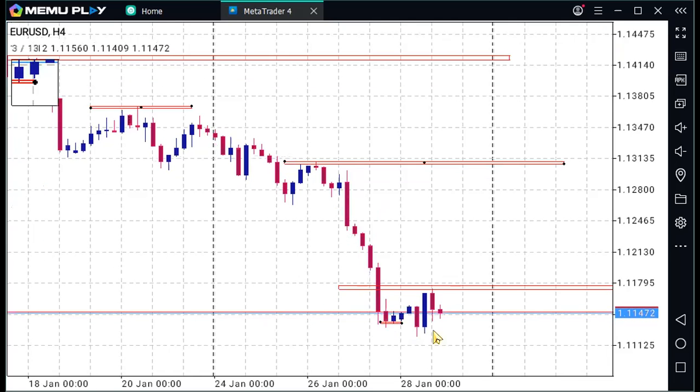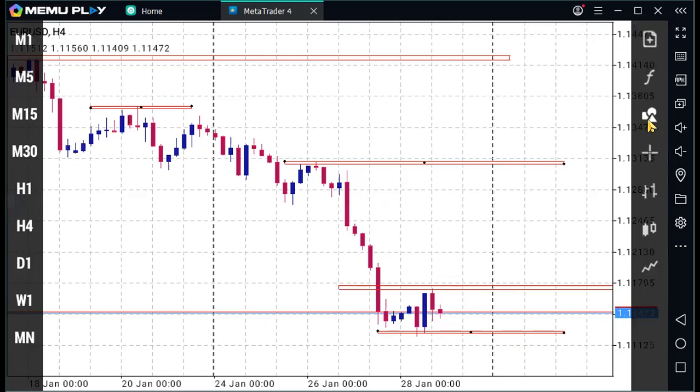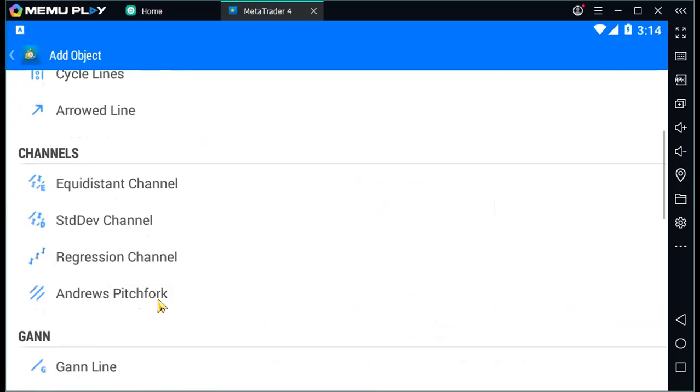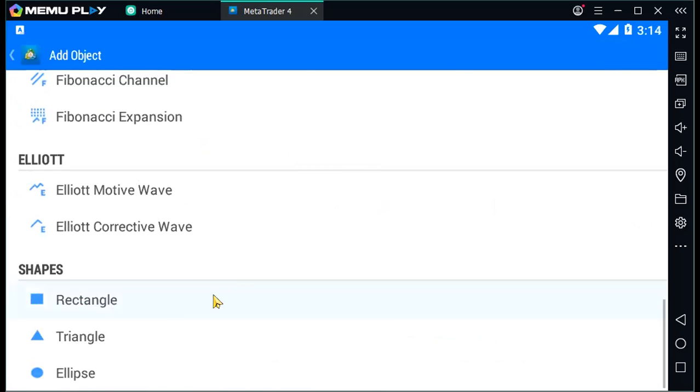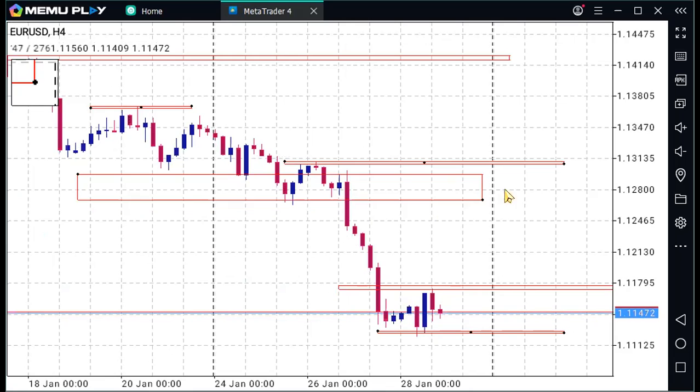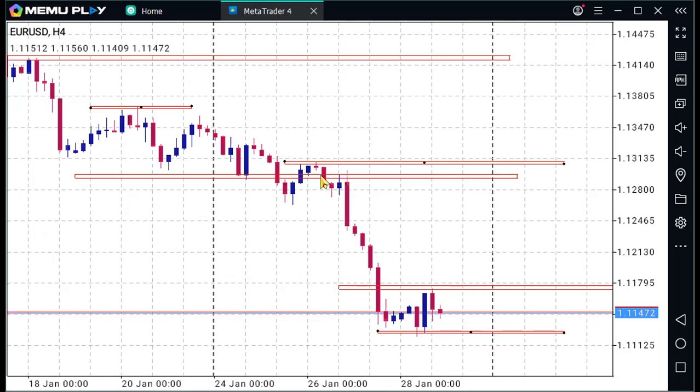It is telling you to pay attention that the market is likely to react at this point. This is a support now. So I'm expecting that the market too is likely to react at another level as it gets here.